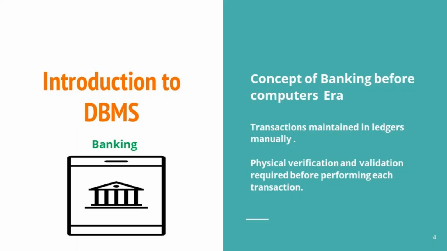A teller would validate his account manually by searching through all his files, and find what his balance was. If the balance is within the limit, the clerk writes a transaction in the ledger and hands it over to the customer. So this is how banking systems were handled before computers came into the picture.